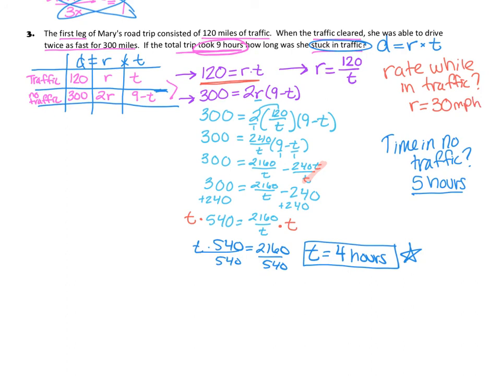I could do the same thing if it asked for the rate in no traffic. I could plug 4 in for t here and then solve for the rate in no traffic. Or I know that my rate in traffic is half, or the rate in no traffic is double. So my rate in no traffic would have been 60 miles per hour. So make sure that when we finish solving, we've actually answered the question that it's asking.